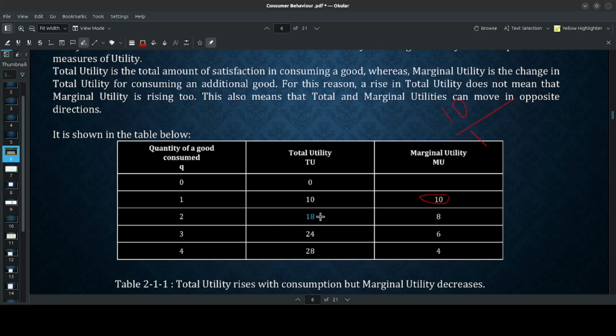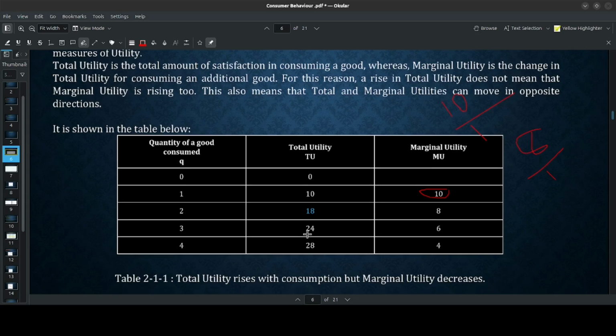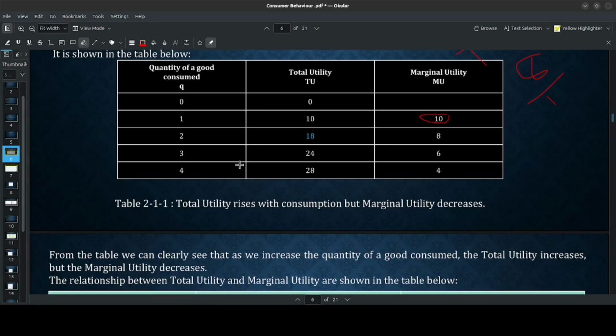Marginal utility is 18 minus 10 divided by 2 minus 1, that means 8 by 1, that means 8. For the third unit, total utility is 24 and marginal utility is 6.